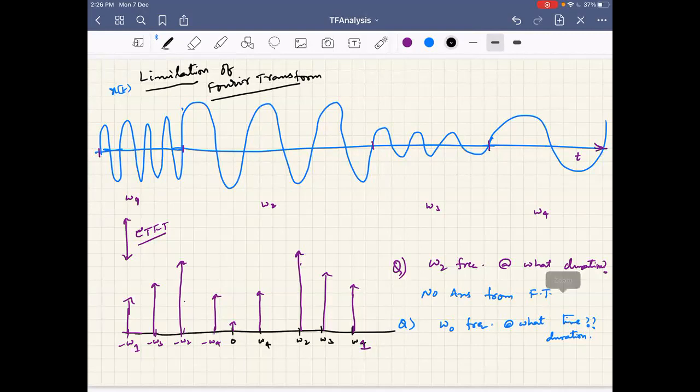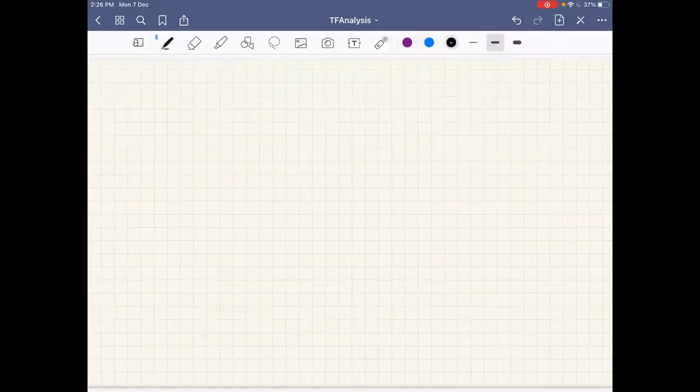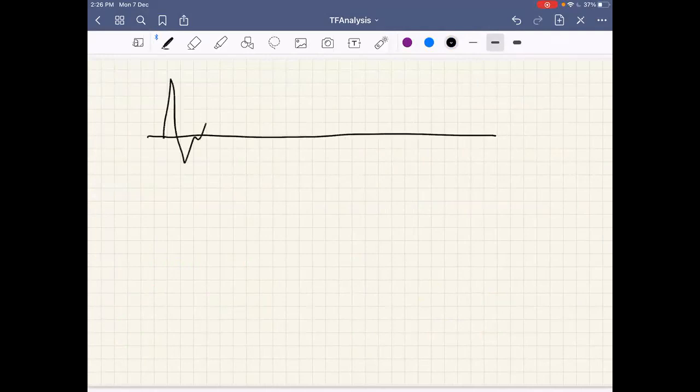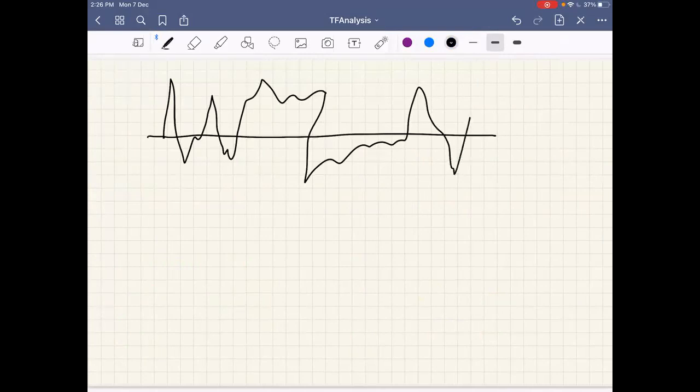The second question is, all the time the frequencies may not be distinct like this. In some of the signals, frequencies may be mixed up. So in fact, the situation may be even worse. If you have a signal something like this, what is this indicating? This signal has a mix of several frequencies.